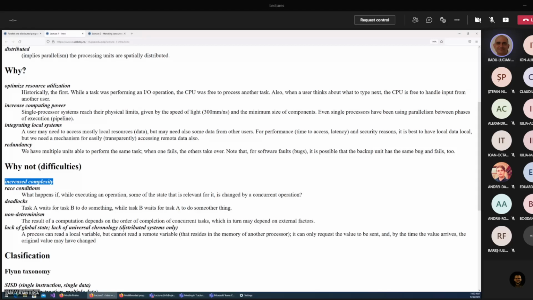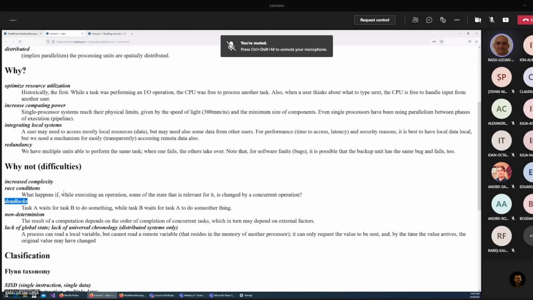Now, you have some issues that are specific to concurrency. You have race conditions, deadlocks, even livelocks. So, race conditions.